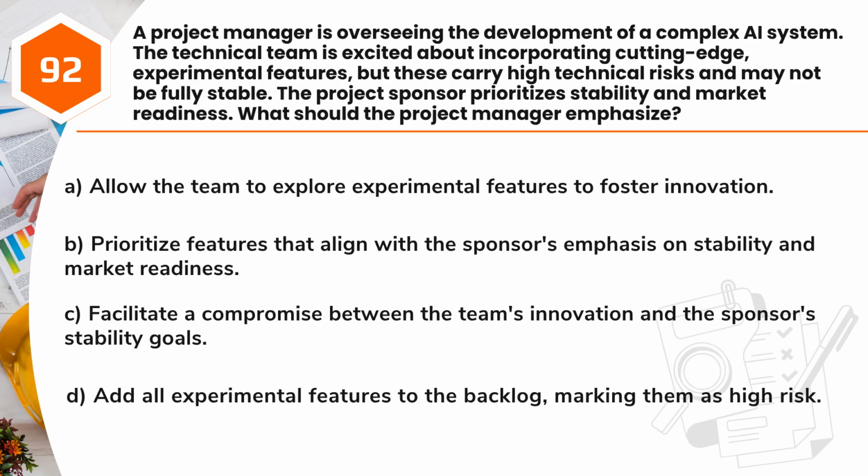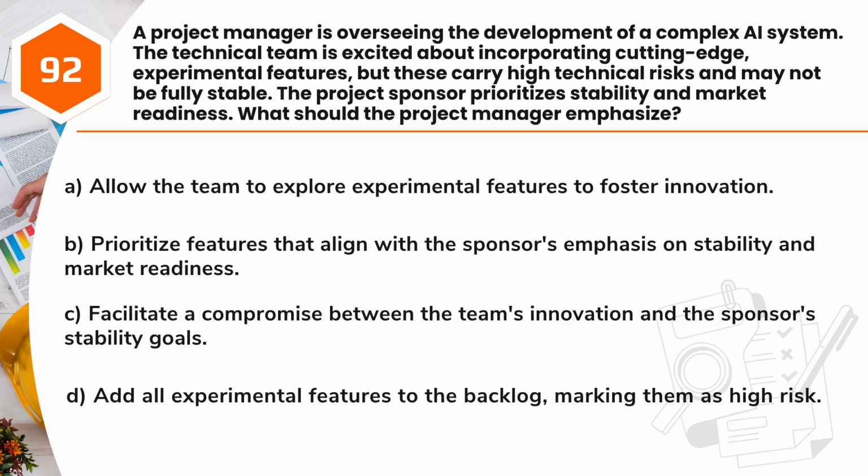Question 92. A project manager is overseeing the development of a complex AI system. The technical team is excited about incorporating cutting-edge, experimental features, but these carry high technical risks and may not be fully stable. The project sponsor prioritizes stability and market readiness. What should the project manager emphasize?